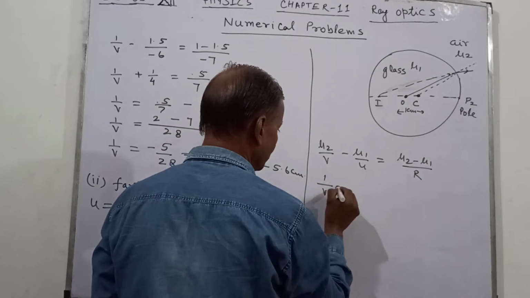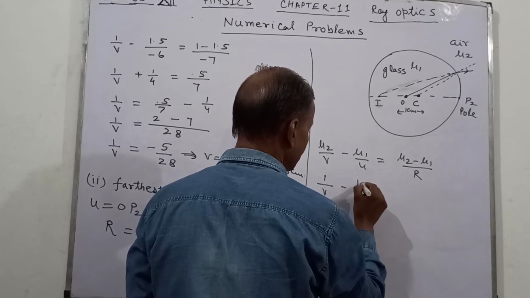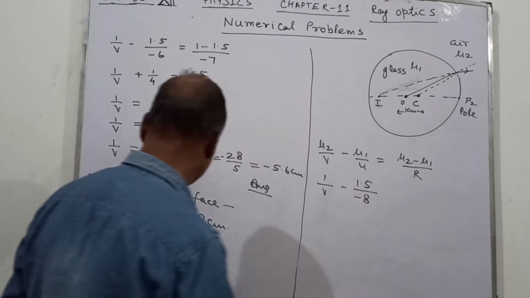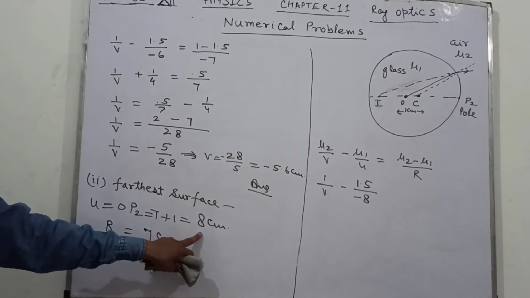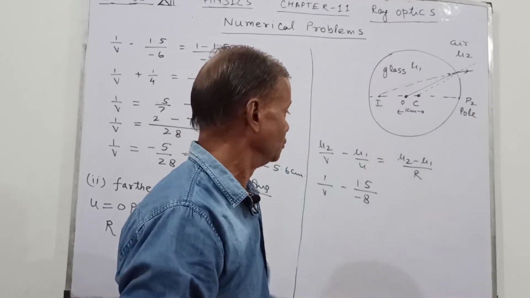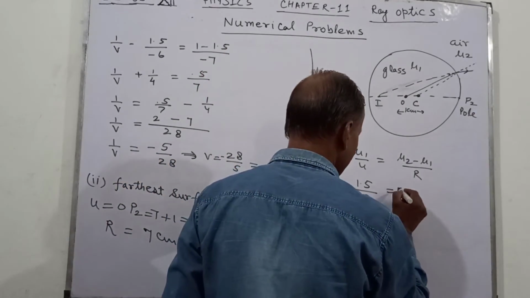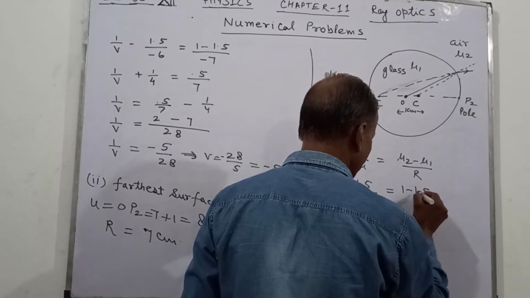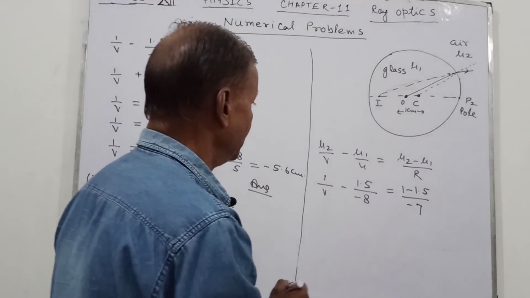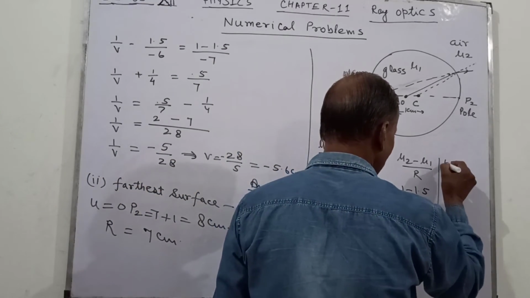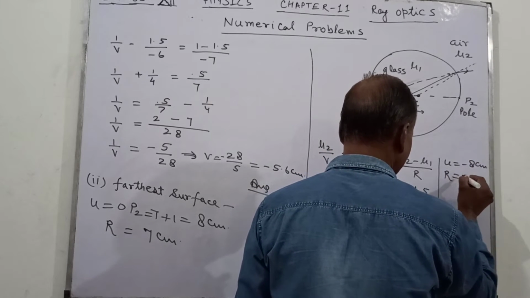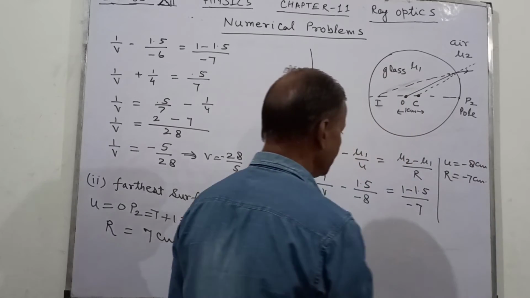So this is 1 upon v minus, mu1 is 1.5 upon u, this is now minus 8. This will be taken to be negative because distance is to be measured from the pole, and this is 1 minus 1.5 upon minus 7. So all are negative, and you can see here that this u is equal to minus 8 centimeter, r equal to minus 7 centimeter.